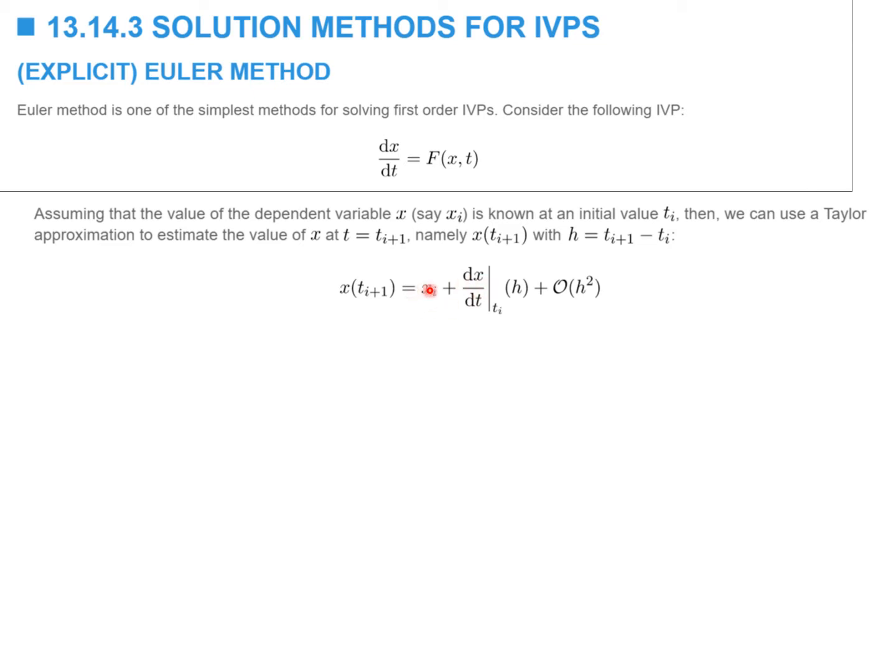This Taylor expansion has an error term that's directly proportional to h squared. I already know an expression for dx by dt, evaluated at time ti. dx by dt is given by the expression f, so I can evaluate f at xi and ti, multiply by h, and this expression is equal to this expression.